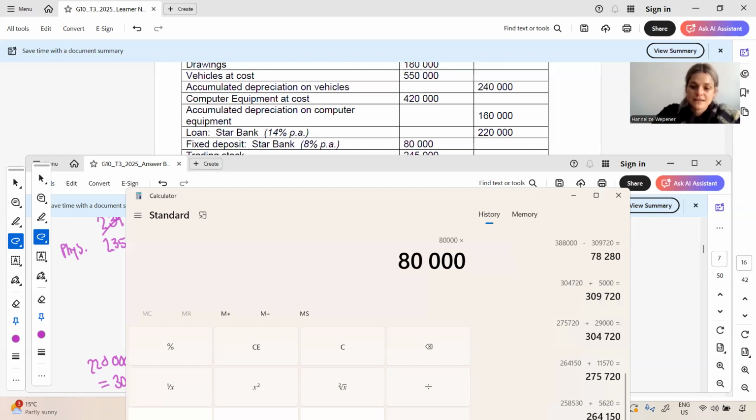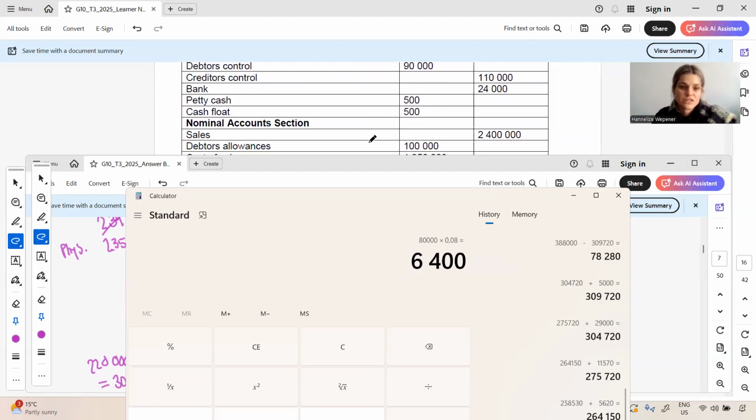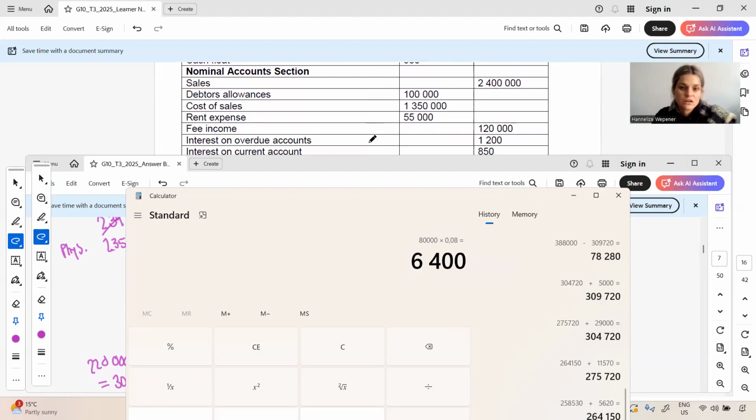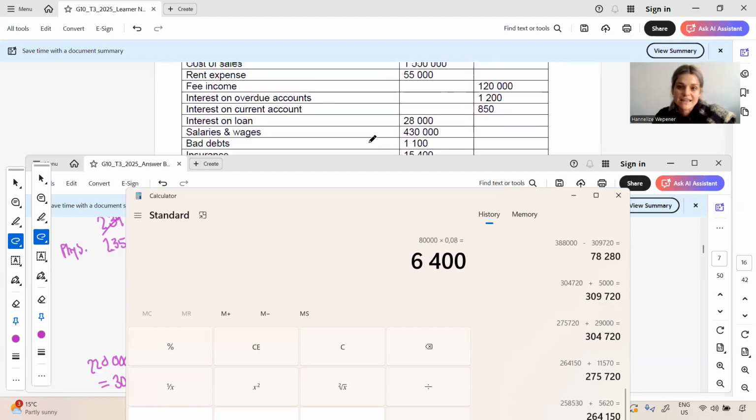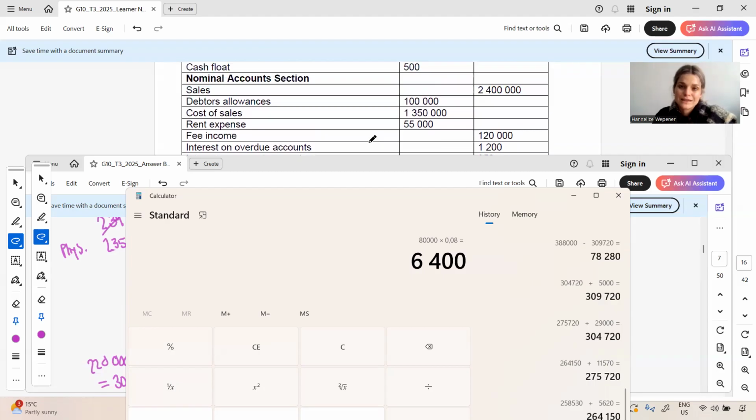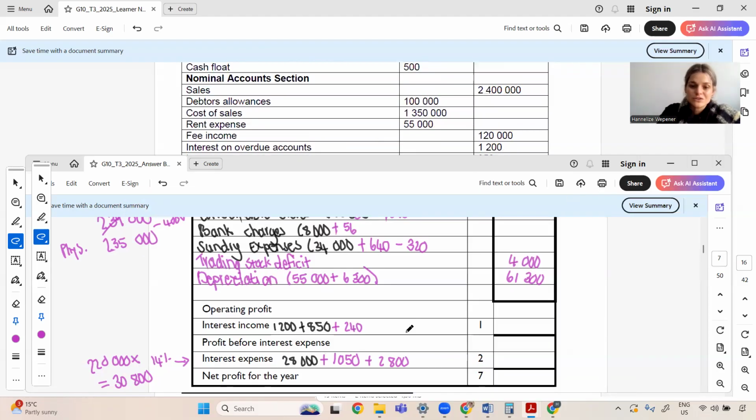So 80,000 times 8%. So you should have received 6,400 in interest on your fixed deposit, and you do not have any accounts for interest on fixed deposit. So you just need to go to your interest income and show that 6,400. So be careful of that one.